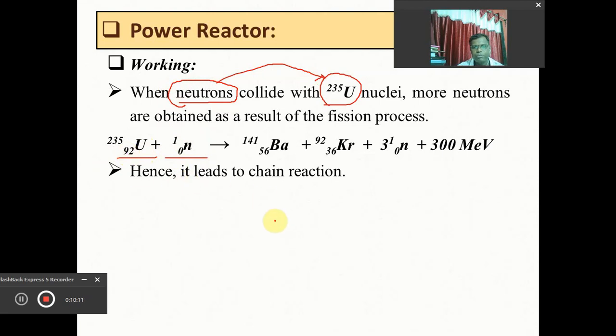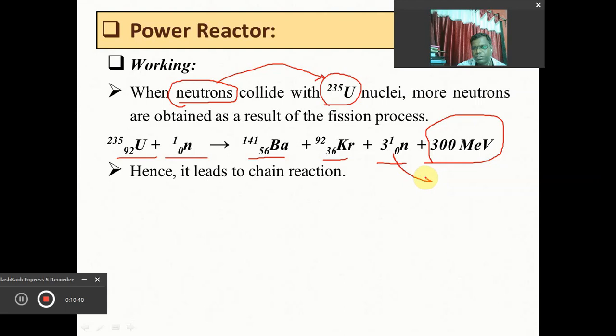So this nucleus will be split, broken into two parts, two smaller nuclei of about the same size. One is barium and the other one is krypton. At the same time, there is a liberation of more than one neutron, which are fast neutrons, with the liberation of a large amount of energy. And this energy is very important in this nuclear fission.